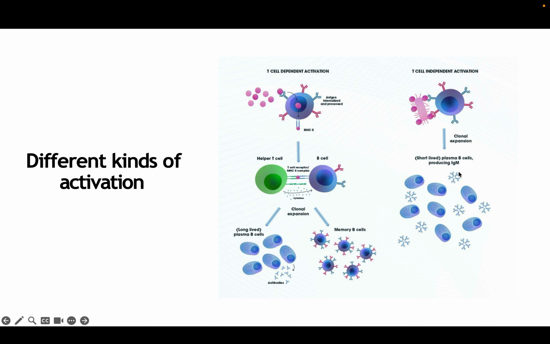They only produce IgM. But in the case of the T cell dependent, they get all the cytokines, all the co-stimulation, all these beautiful signaling cascades that really push them to become memory B cells and long-lived plasma cells that can produce not just IgM but different subtypes, IgG or IgA or IgE.